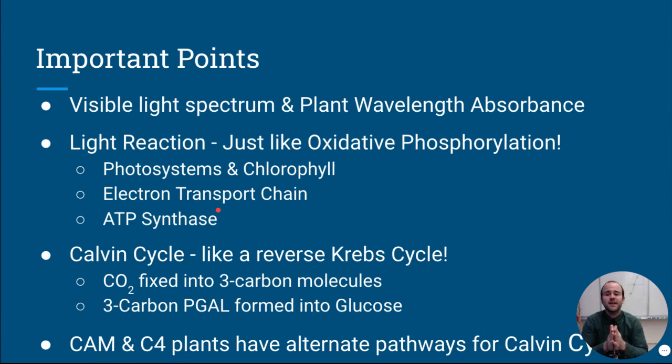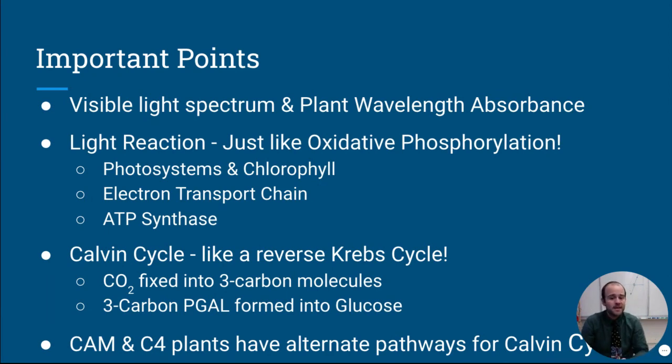So some important points I hope you learned: the visible light spectrum, how we see what we see, and what plants absorb versus what they reflect, what colors are going to be the best for plant growth, and how the light reaction works. Remember, just like oxidative phosphorylation, only with light energy coming in, we still have an electron transport chain, we still have ATP synthase. The Calvin cycle, sort of like a reverse Krebs, fixes CO2 into 3 carbon molecules.